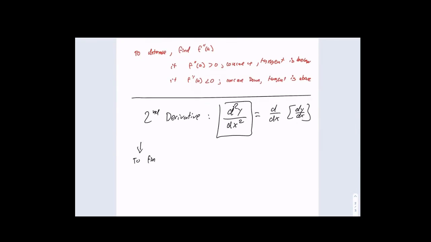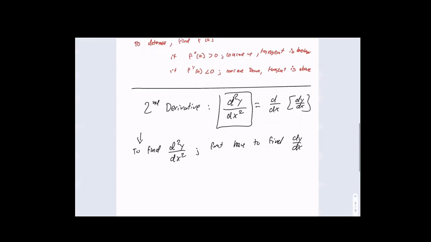And of course, to find d squared y over dx squared, and I'll just refer to it by its actual name, to find a second derivative, you first have to find the first derivative. Makes sense.